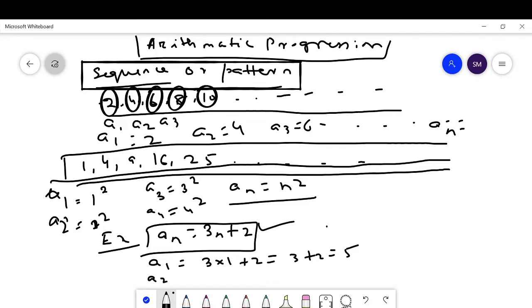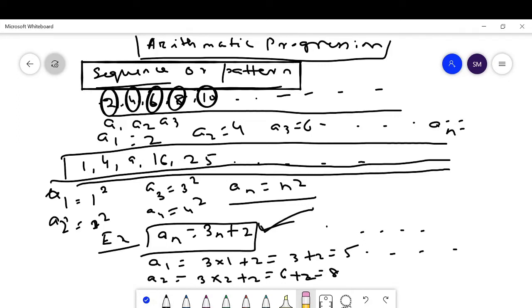The second term A2 is 3 into 2 plus 2, means 6 plus 2, which is equal to 8. In this way we can find the numbers. The nth term is 3n plus 2.